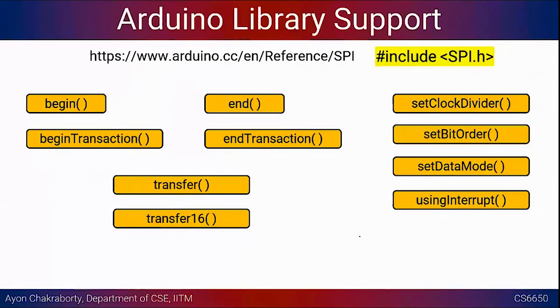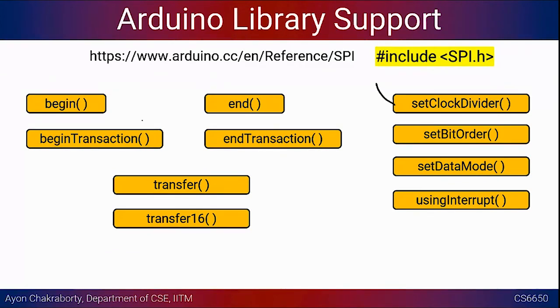And for Arduino, you don't have to write a lot of code like this. This is already abstracted out in some of these libraries. So spi.h is the library, the header file, that has access to all these different functionalities I just spoke about, right? So this can be a prescaler.